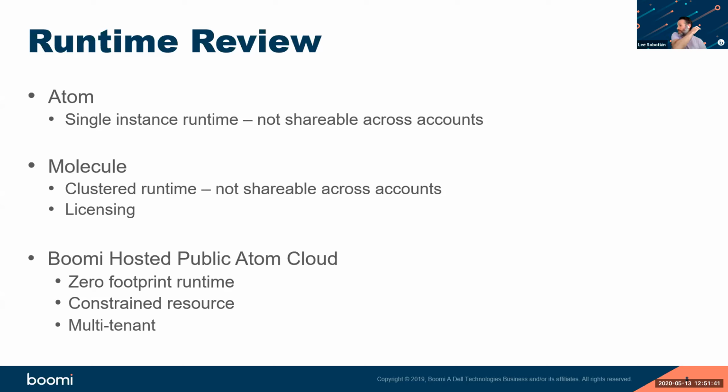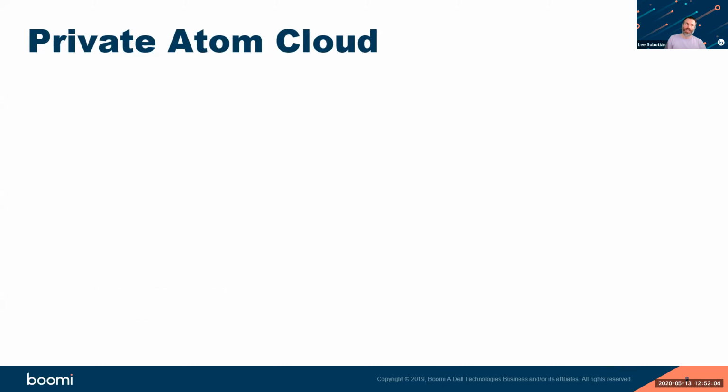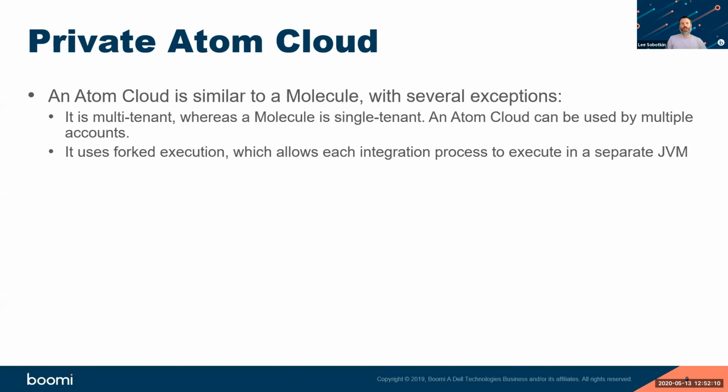But what some customers find out is this is a constrained resource because it is a public cloud environment. We have to make sure that everybody's a good citizen in that cloud. So there are some constraints in there to make sure that one customer doesn't monopolize all of the resources. But in that same fashion, now you can start to consider hosting your own company private Atom cloud.